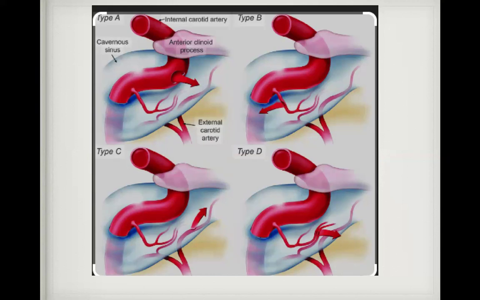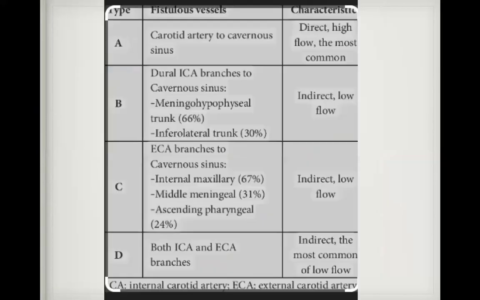In type C, we have branches of the ECA, the external carotid artery, connecting with the cavernous sinus. These are known as indirect CCFs or true arteriovenous fistulas. Okay.